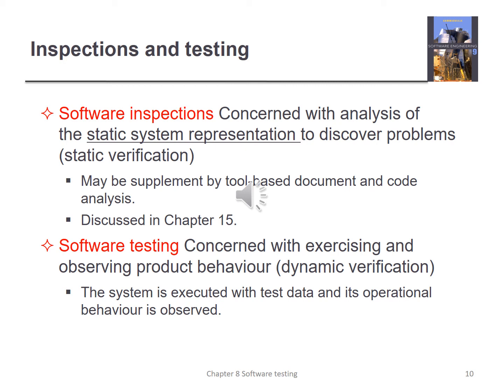Software inspection is concerned with analysis of the static system representation to discover problems, which is static verification. It may be supplemented by tool-based document and code analysis. It could be a tool, or we could sit together and go through the code itself. That's discussed in chapter 15, which you don't have to worry about.